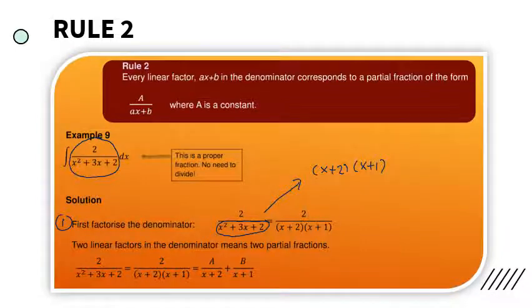And then the second step: 2 linear factors in the denominator means 2 partial fractions. We have 2 linear factors in the denominator.